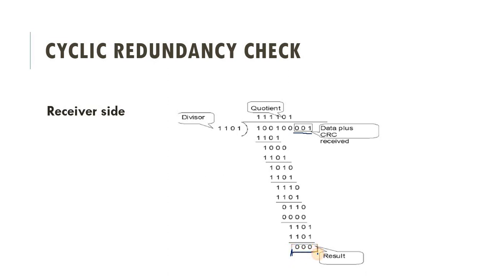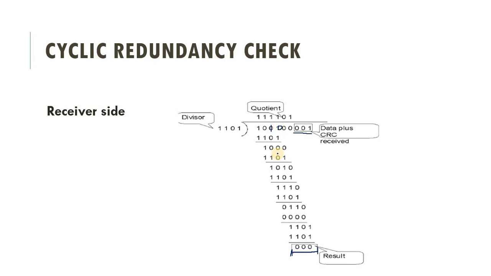If the remainder value is 0, then the bits sent are original. No bits are corrupted or changed. Only in that case the remainder becomes 0 and our data is safe. Suppose we change bits here, 0 to 1 and 1 to 0.